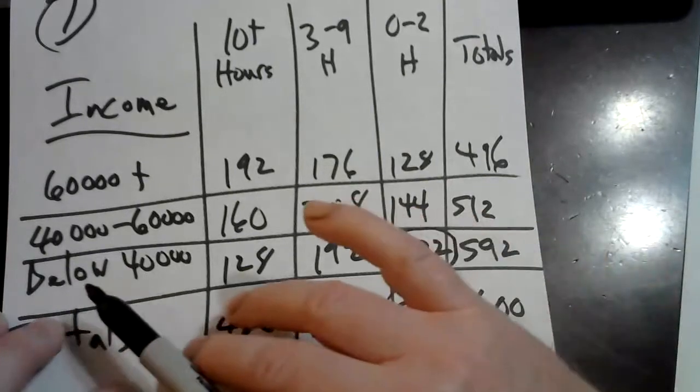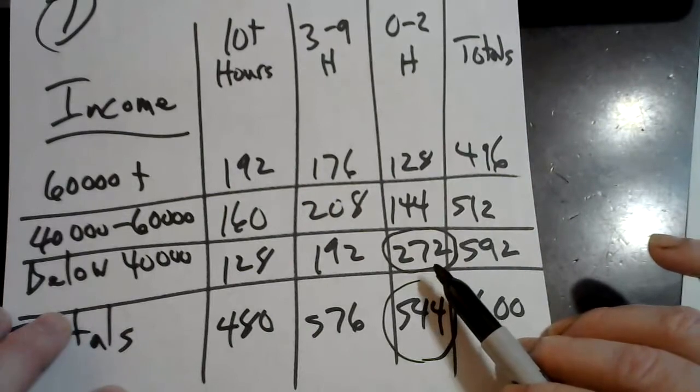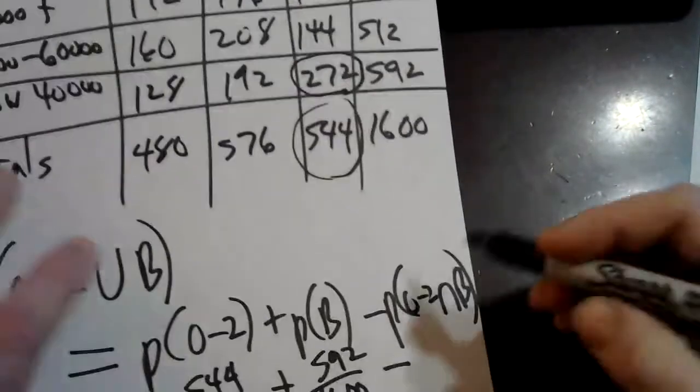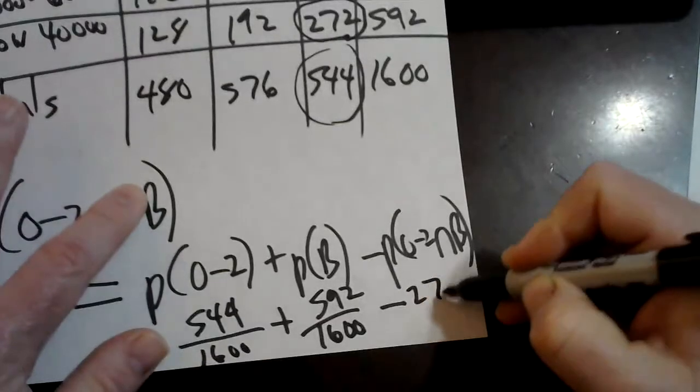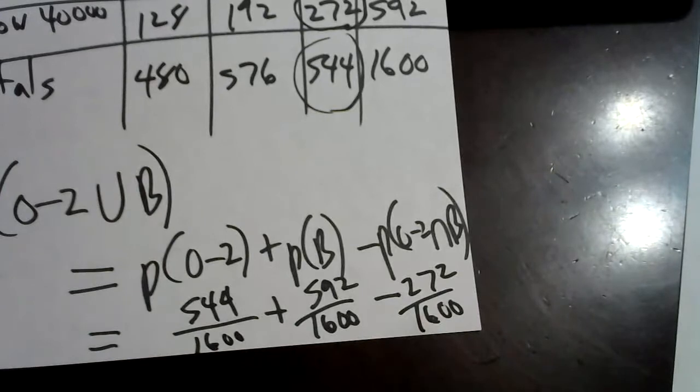You have to find the number that's in the intersection of this row and this column, and you'll probably have to do something similar in the homework. Well, the probability is just 272 over 1,600. So I'm going to plug all that into a calculator. And I get 0.54.